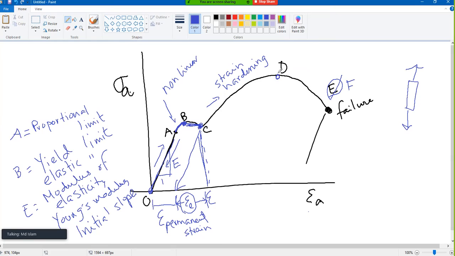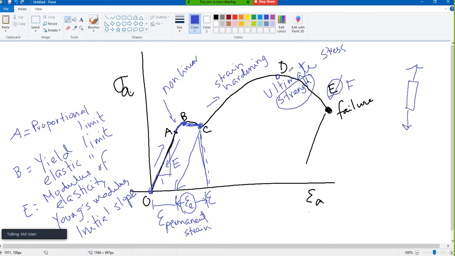The top one is called the ultimate stress, and sometimes we simply call it strength. What is the strength of the material? The ultimate stress, the highest one, the peak, is called ultimate stress or ultimate strength or simply strength.